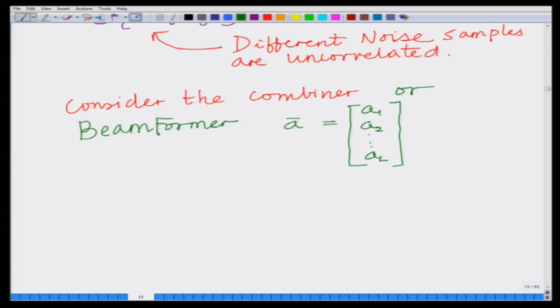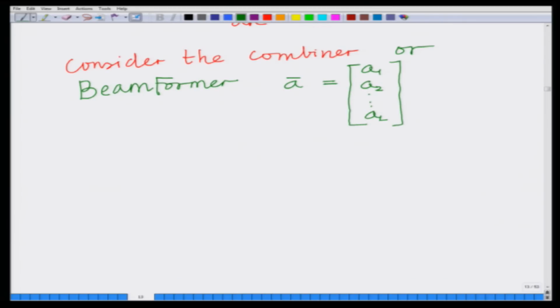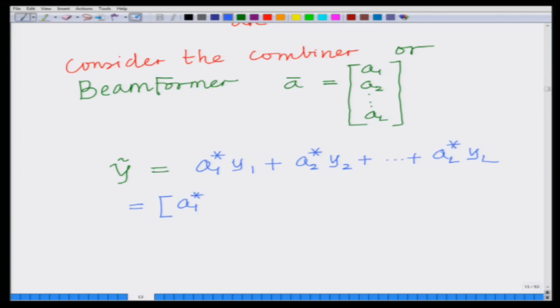This is a vector of size L, and now I am going to form y tilde equals A1 conjugate y1 plus A2 conjugate y2 plus so on AL conjugate yL, which I can write as A1 conjugate, A2 conjugate so on AL conjugate times y1, y2 up to yL.